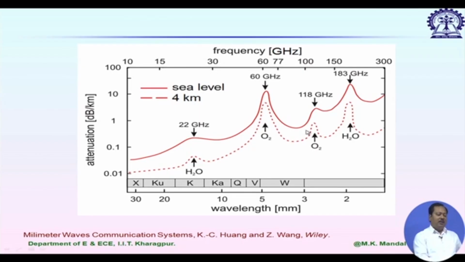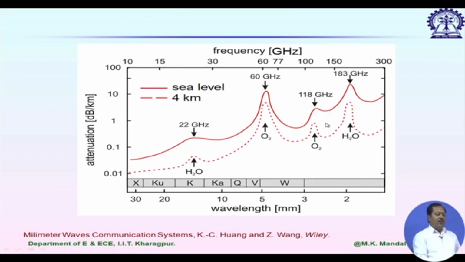Another interesting thing, even if I look at these windows and compare the attenuation with that at microwave frequencies, we see that at 10 or 15 gigahertz, whatever attenuation we have, it is less than 0.1 dB per kilometer at sea level. But this attenuation increases to at least 1 dB, let us say above 118 gigahertz.